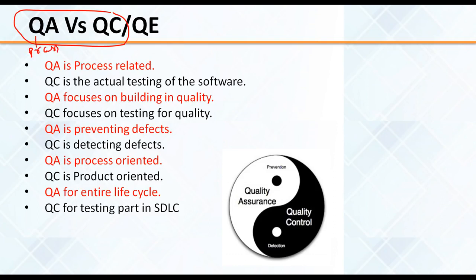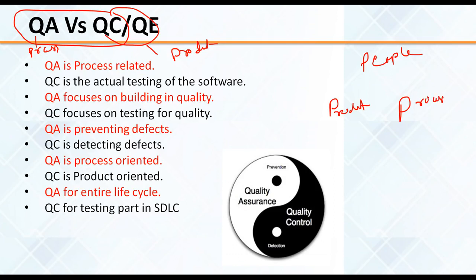QC or QE always talks about the product. In any IT industry, there are three things. Remember this very carefully. These three are the pillars of the software industry, which we call the three P's: people, product, and process.